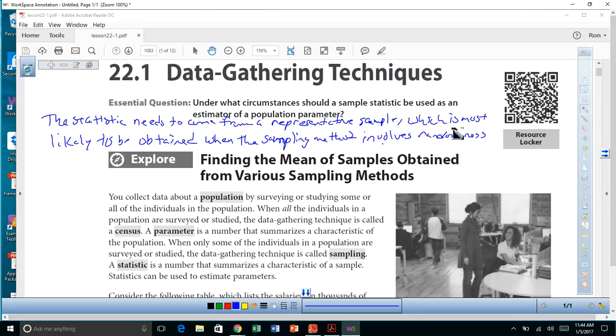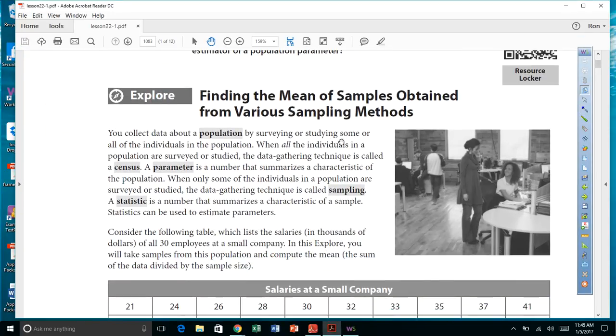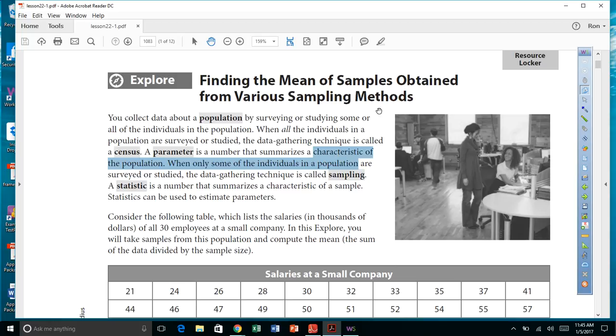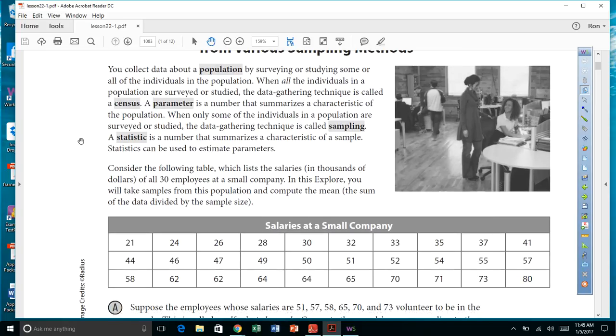Finding the means of samples obtained from various sampling methods. You collect data about a population by surveying or studying some or all of the individuals in the population. When all the individuals in a population are surveyed or studied, the data gathering technique is called a census.